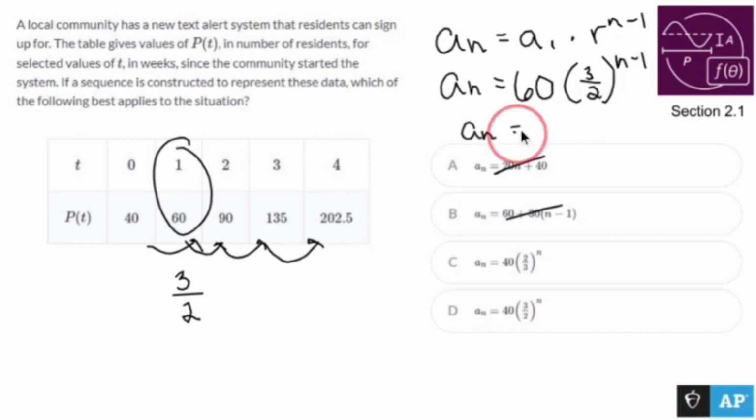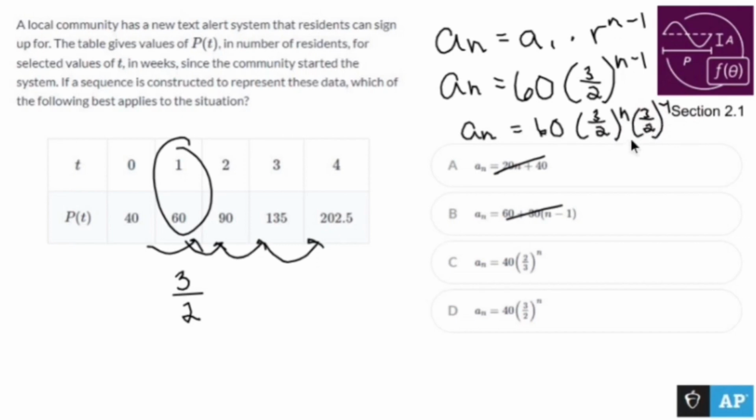So I can make it 60 times 3/2 to the n times 3/2 to the -1. And if you're wondering what I did, originally if you have two terms of the same base being multiplied together, you add the exponents. So going in reverse, I did that.